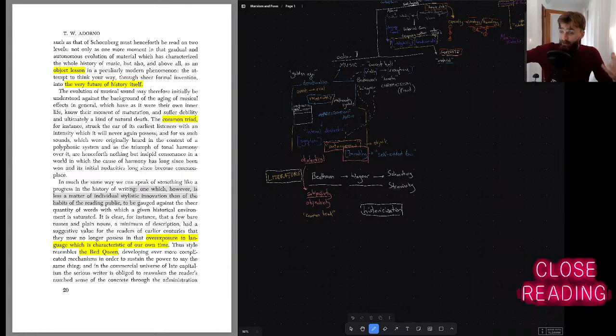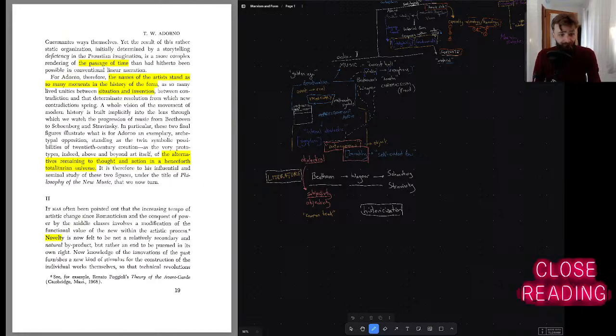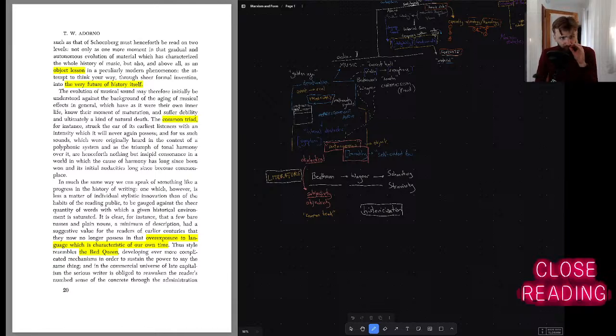Adorno is critiquing music just as if this person in literature was doing this, or something along these lines. So we see this working throughout the chapter. Not the chapter, sorry, the section.